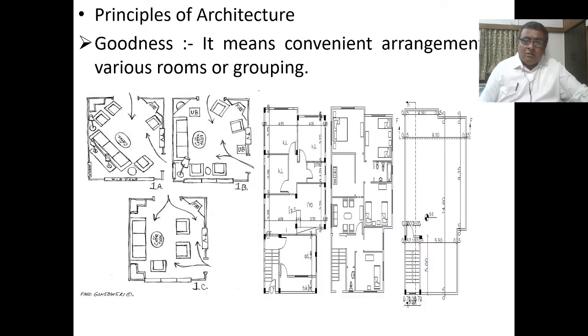Now we'll see the principles of architecture. The first one is goodness. It means convenient arrangement of various rooms or groupings. Now I will try to show you a room and the arrangement of the furniture, so that we can see what the goodness of a room is and how it can be improved.